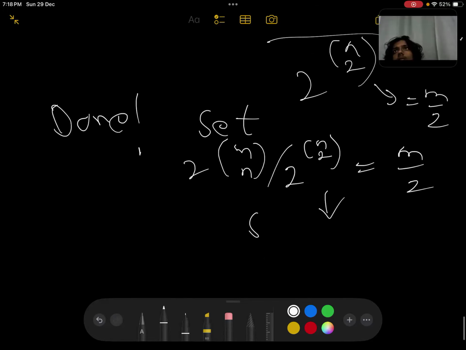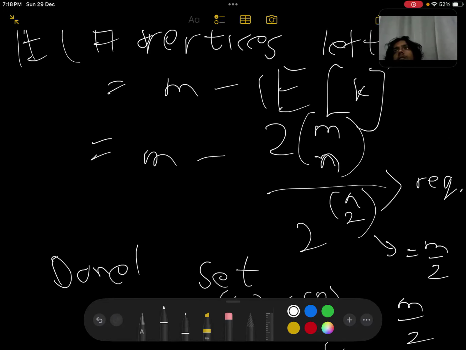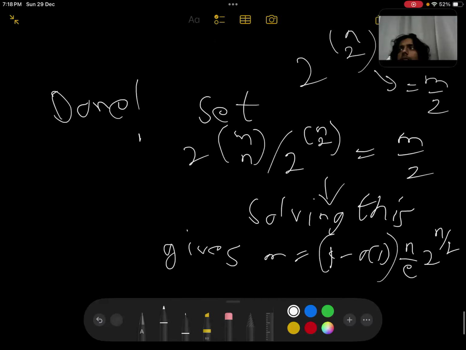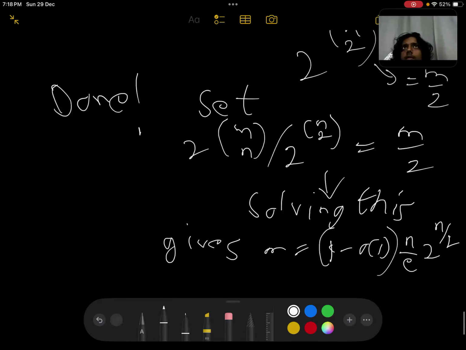And solving this gives m is, this uses some Stirling's approximation, so I'm not going to do too much detail. But what we do is we want this to be large, so we just set this to be like m by 2, and as long as m is large, we'll be done. And actually you get m by 2 is this.